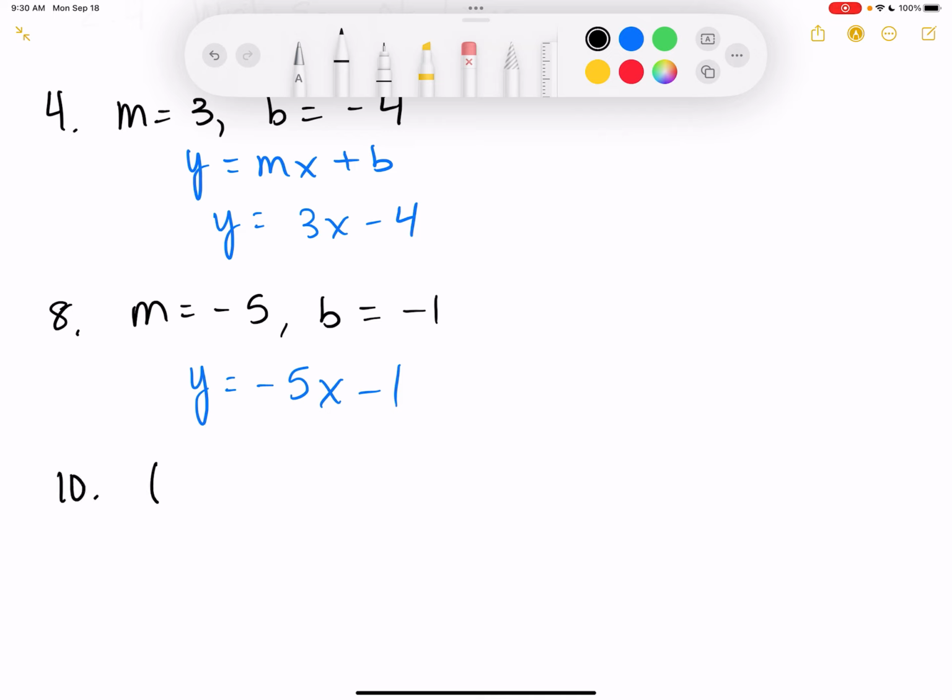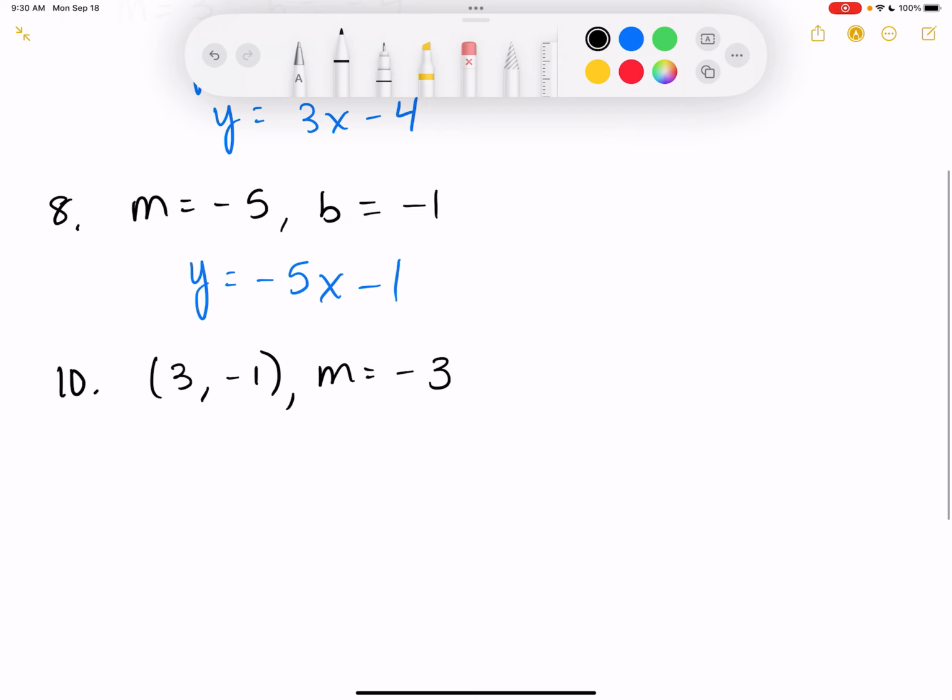Number 10, we have the point (3, -1), and a slope of -3. So generically, what is point slope form? y minus y1 is equal to m times x minus x1.